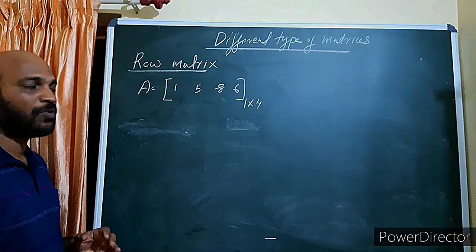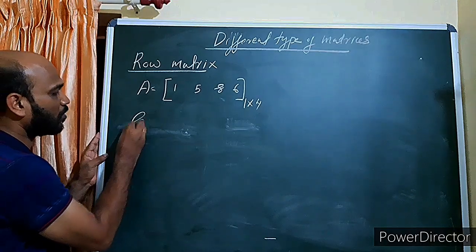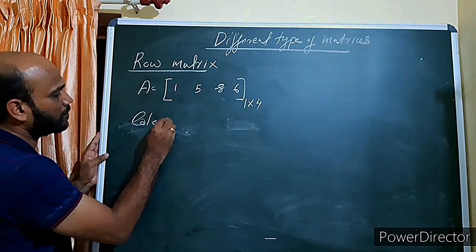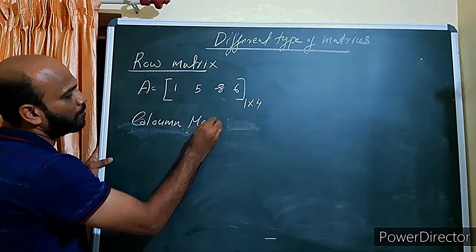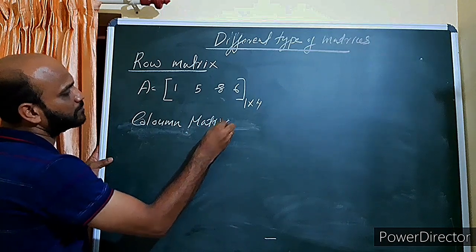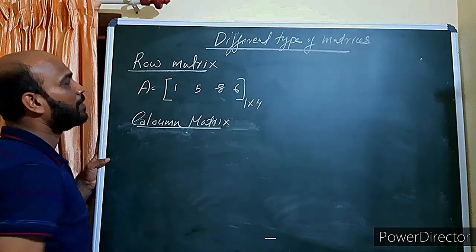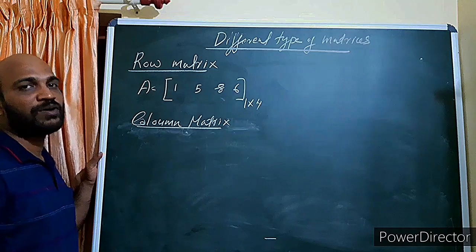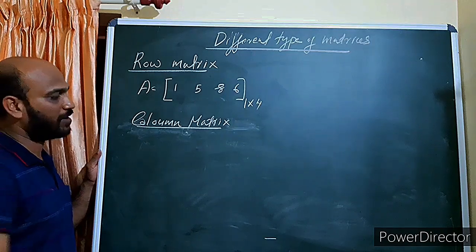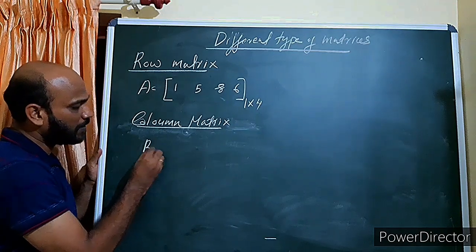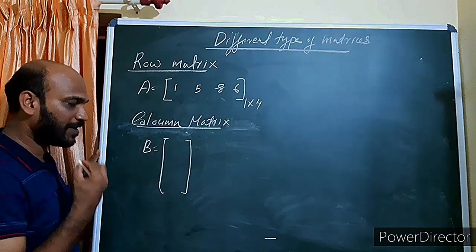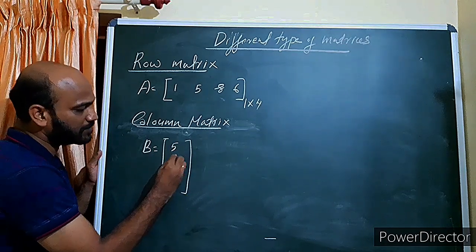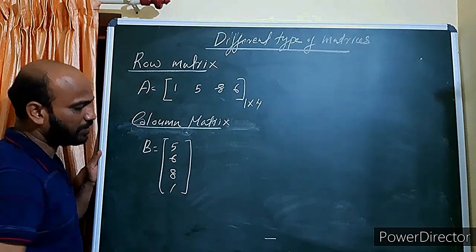Now the second type of matrix is the column matrix. A matrix with only one column is called a column matrix. For example, matrix B. Elements we can write like this: 5, 6, 8, 1.